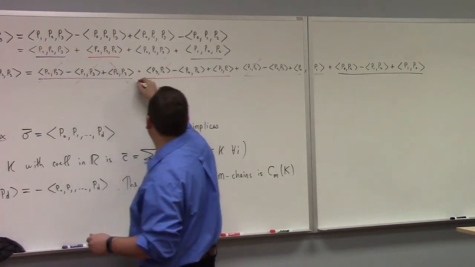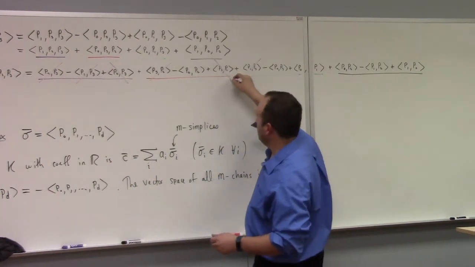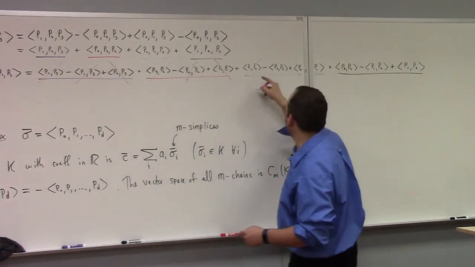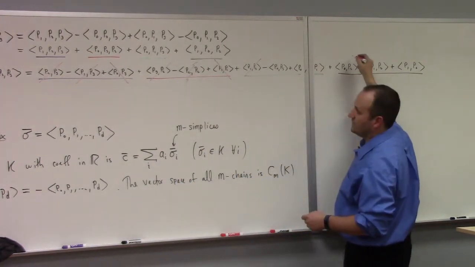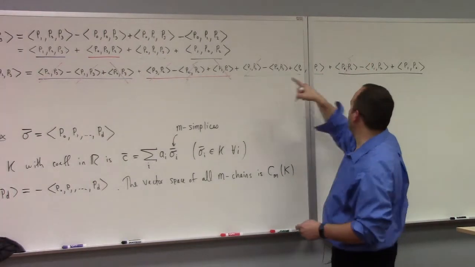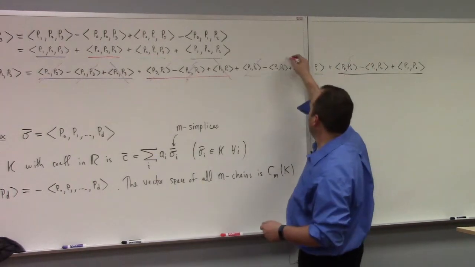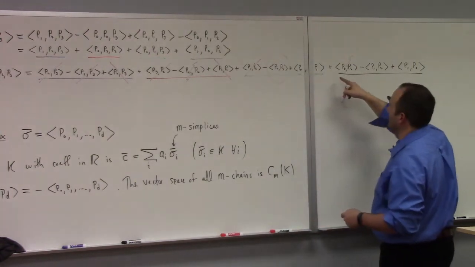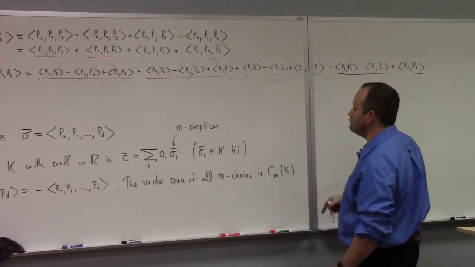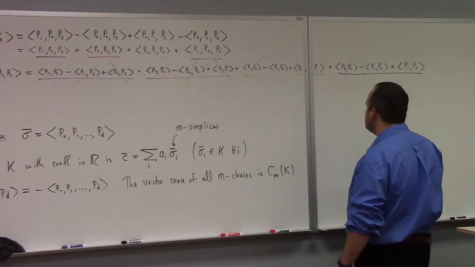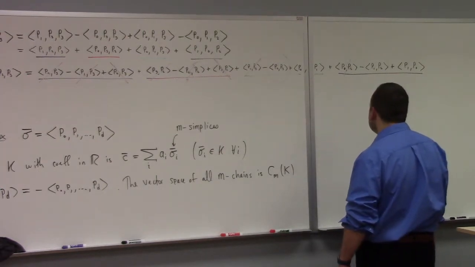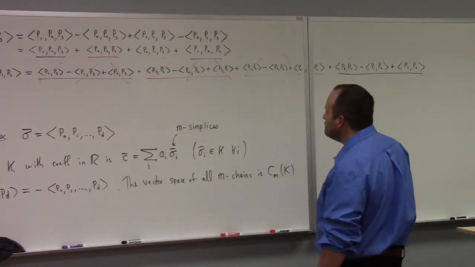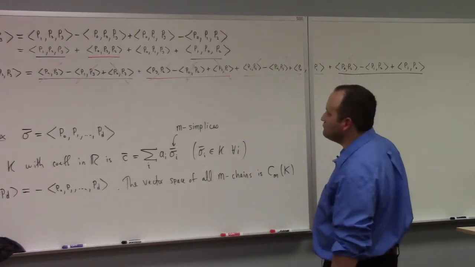This 2, 3 cancels with this 3, 2. This 0, 2 cancels with this 0, 2, because I had a minus in front of that one and a plus in front of this one. This one, 0, 3 means I made a mistake somewhere.